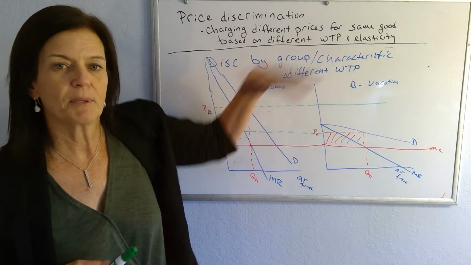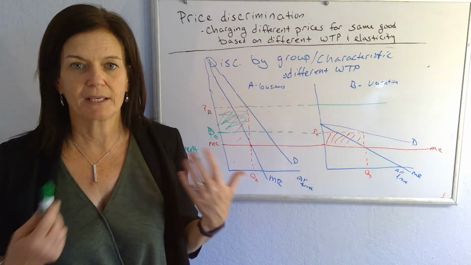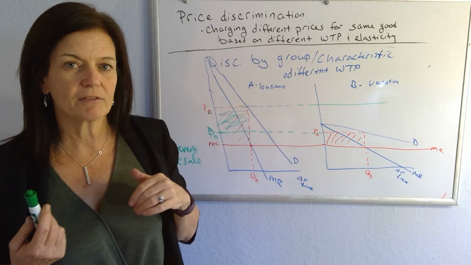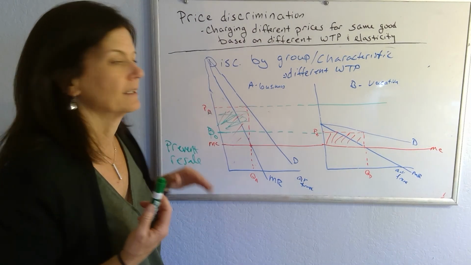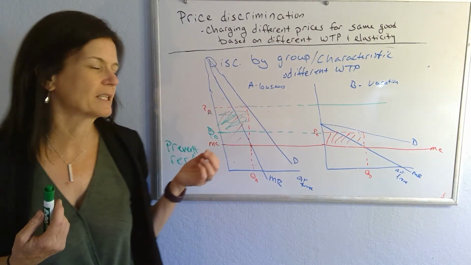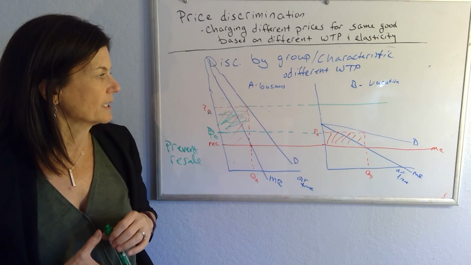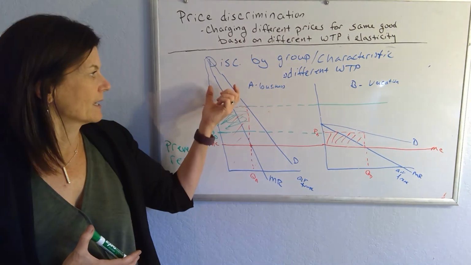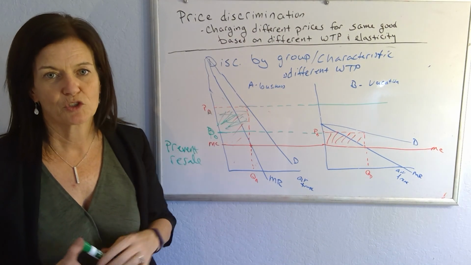If you can tell people apart, if you can distinguish by willingness to pay, not perfectly necessarily, but have some idea of what their demand curve looks like, and if you can prevent or make resale very unlikely. It's a really powerful way to make a lot of that consumer surplus turn into your own surplus.